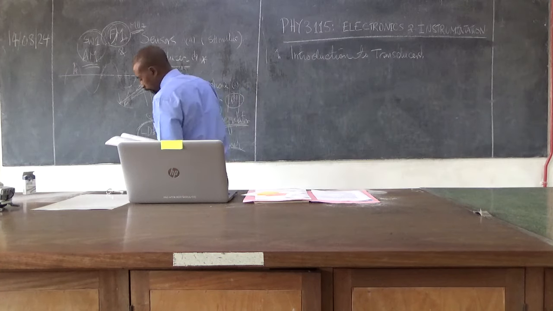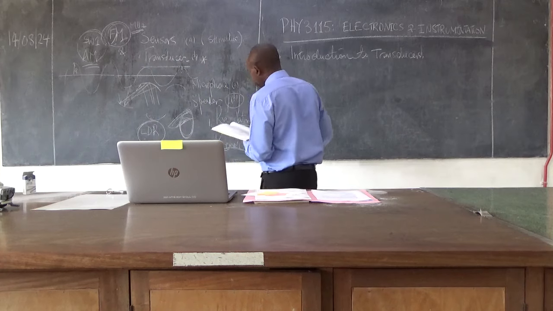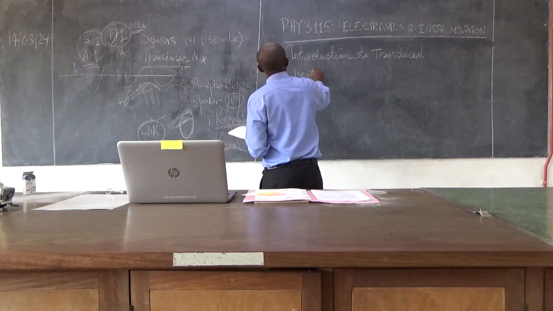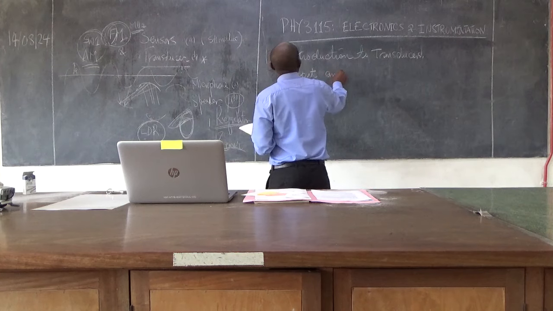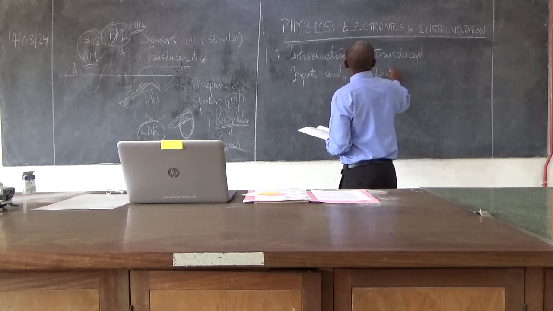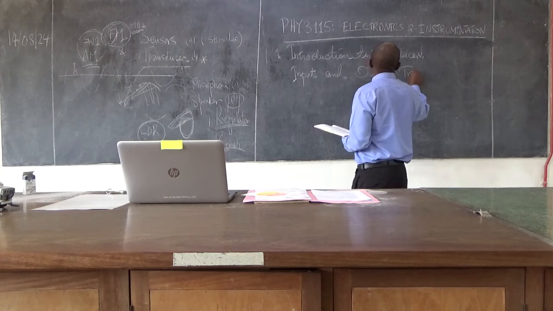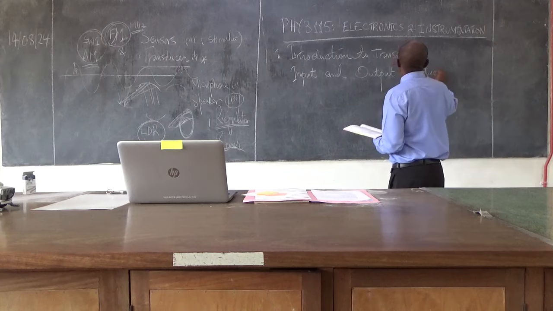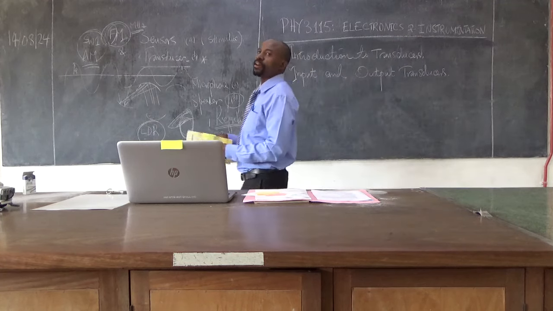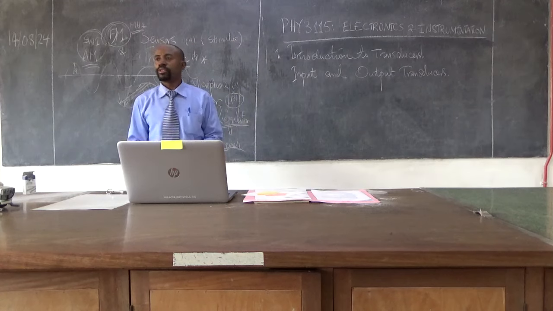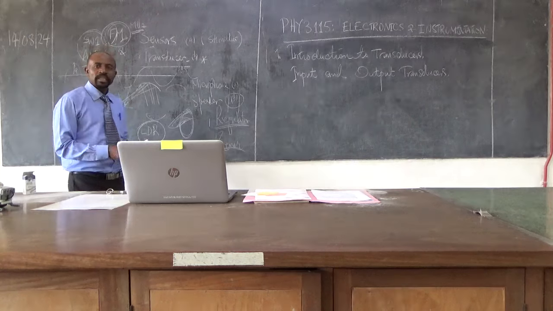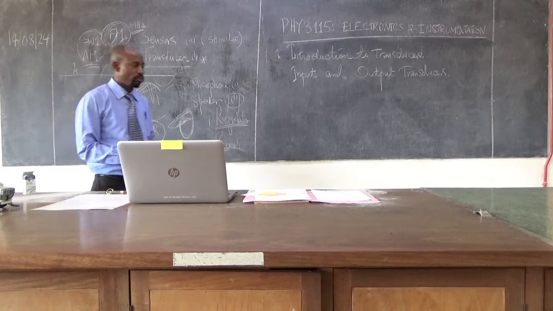So we have input and output transducers. A speaker is a transducer. This is an output transducer. A microphone is also a transducer, but this is an input transducer.